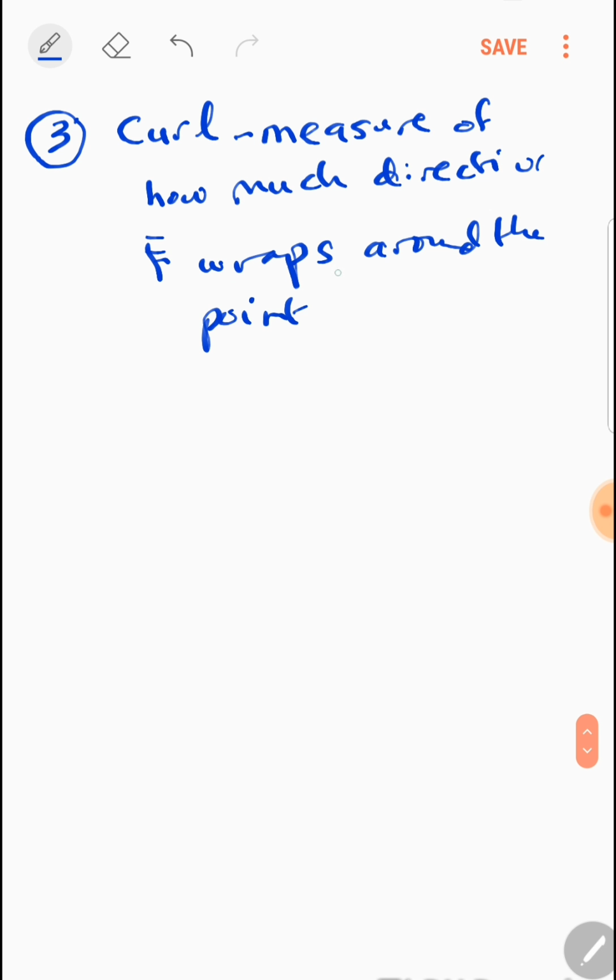That's why it's how much the direction of your f wraps around the point. Imagine a swirl of water circling around a point. If you visualize that, that's pretty close. All right, and how do we know more about curl? What is this curl f basically? Let's say that we want to find the curl of a vector field f.